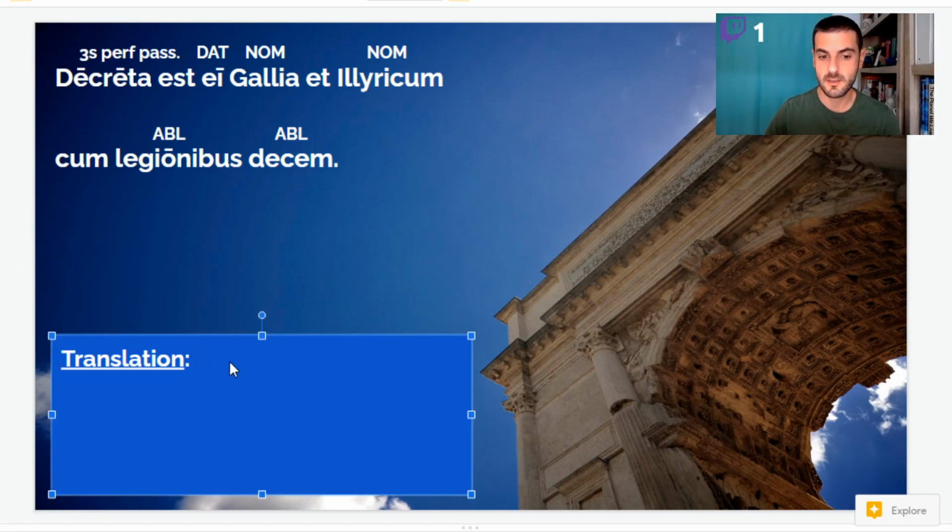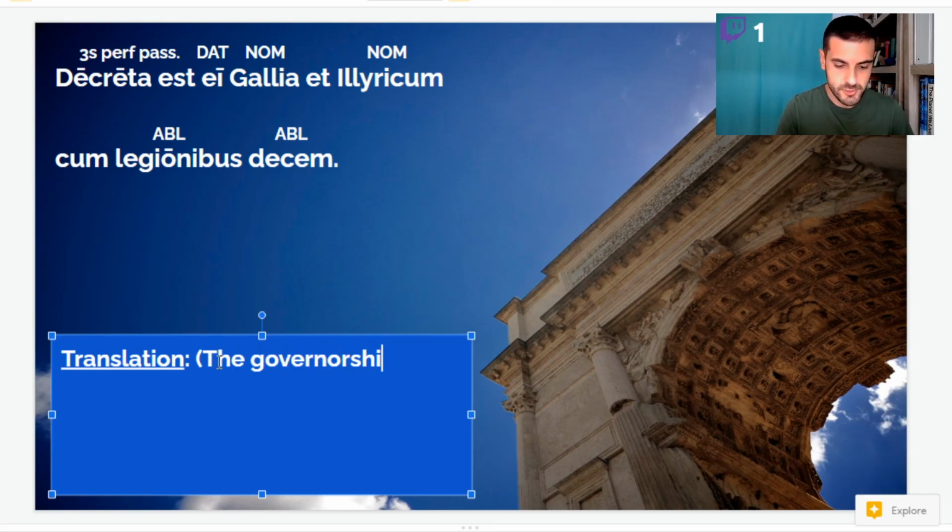So when we say that Gaul was decreed to him, the idea here is the governorship of Gaul. I'll just put it in parentheses here.